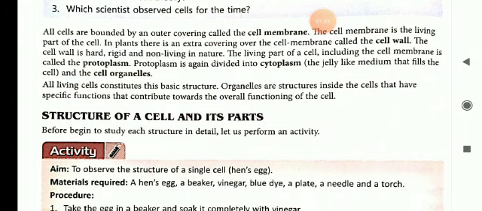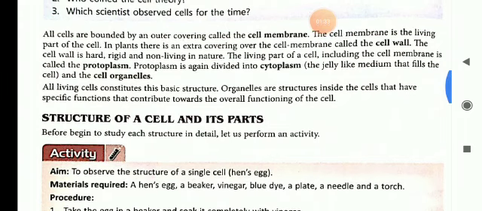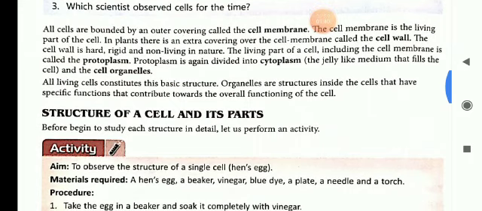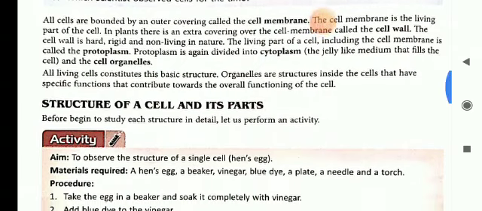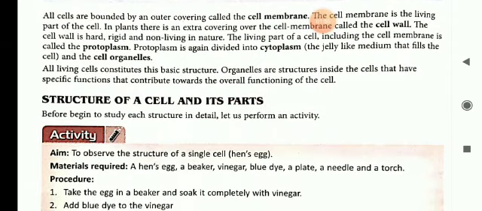It is again divided into cytoplasm, the jelly-like medium that fills the cell. Inside the cell membrane, we can see the jelly-like substance, which is known as cytoplasm. And many floating parts are there inside the cytoplasm, which are known as cell organelles.